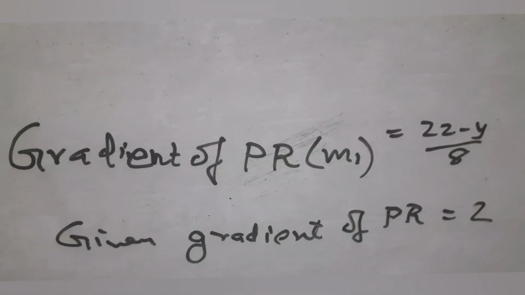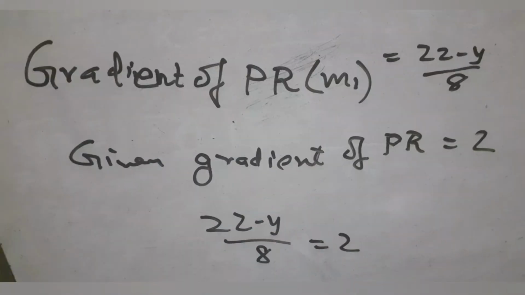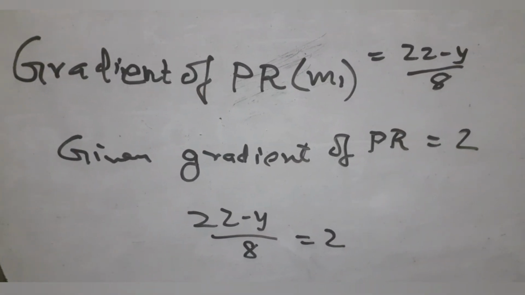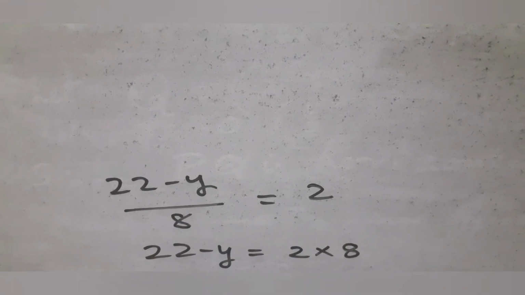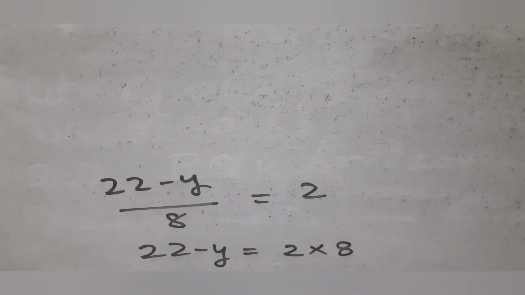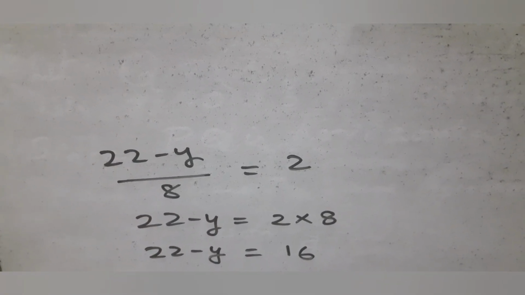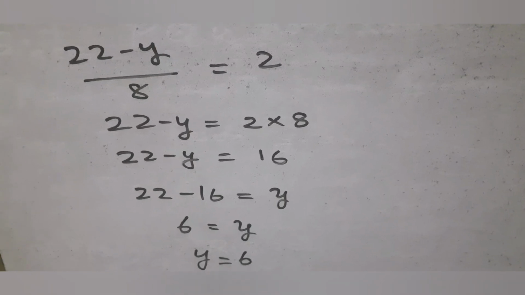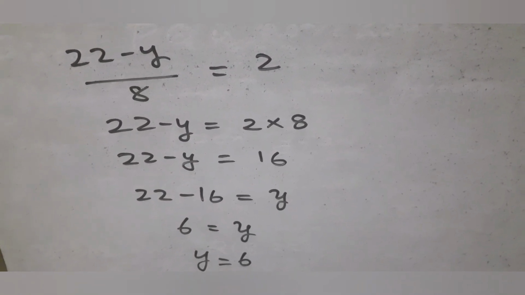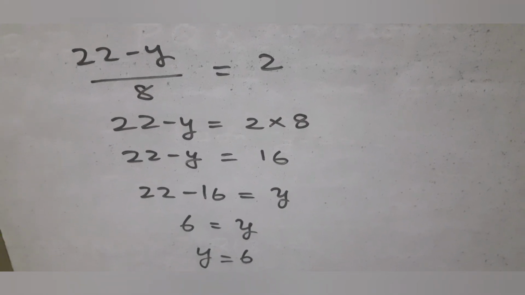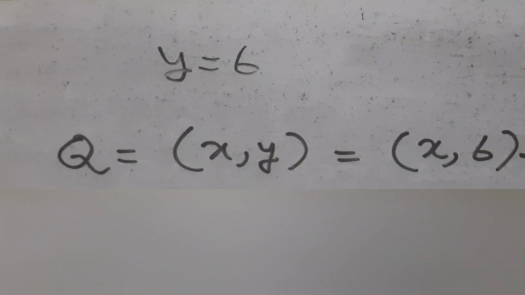Equate the two values of the gradient and solve for y. So y equal to 6 and the coordinate of Q becomes x comma 6.